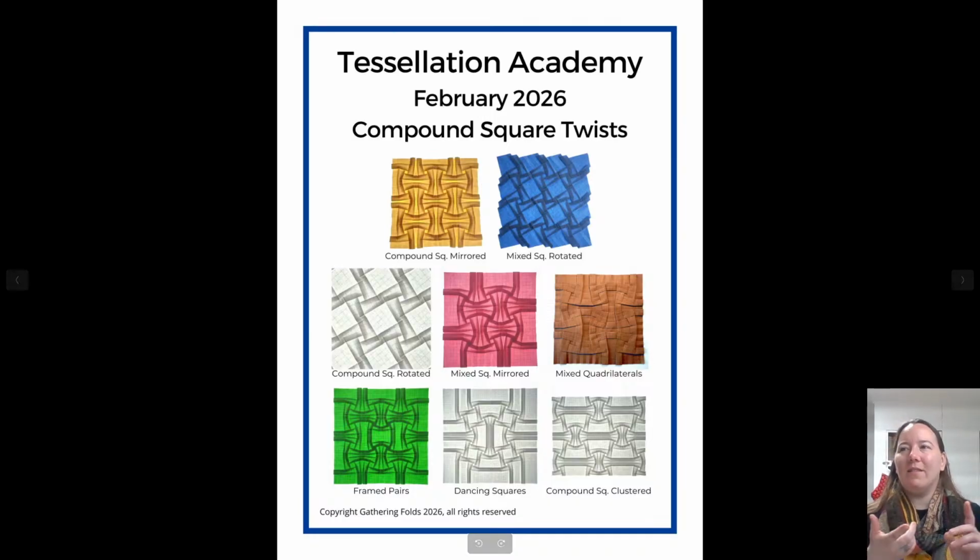So having these 2 tutorials and a theory and design workshop and a PDF is really what I've found to be the right level of explanation for each of these topics for it to really sink in. So that's what I have to share about Tessellation Academy.